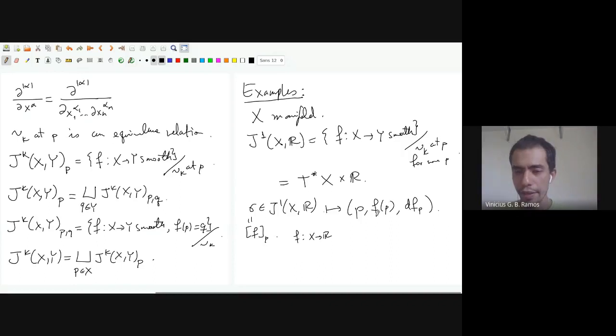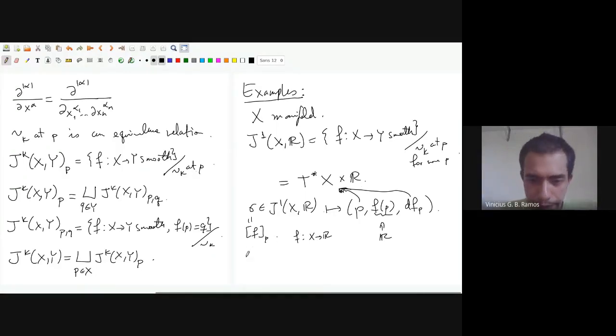So this guy here is the R coordinate. But if you look at the P and the df_p, this is exactly what you have to define the cotangent bundle. Okay, so one way of thinking about the cotangent bundle is just to consider the set of P's and derivatives of functions at P. Okay, so that's the one jet space.